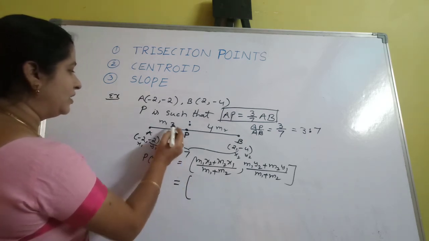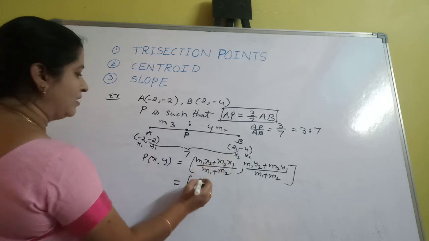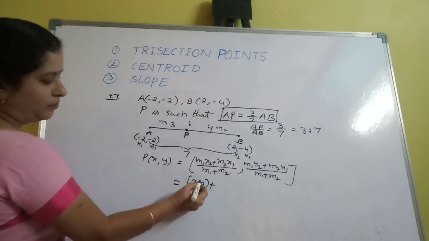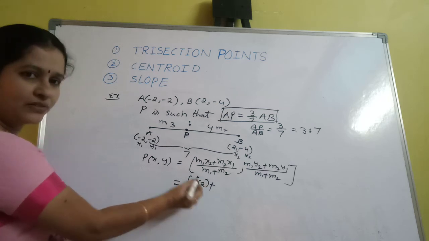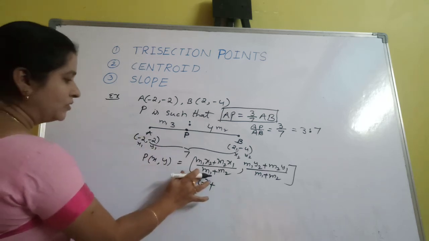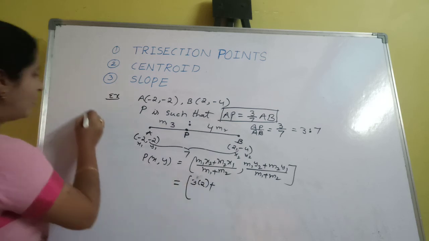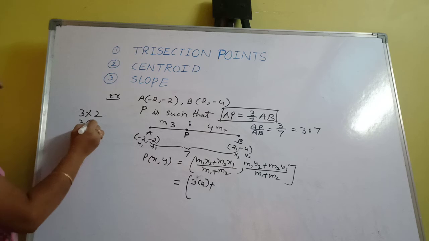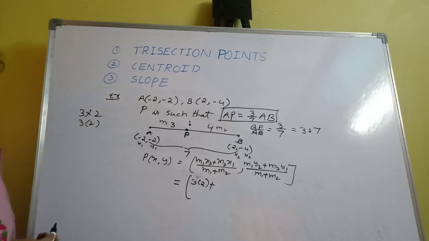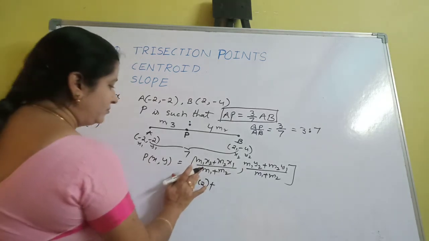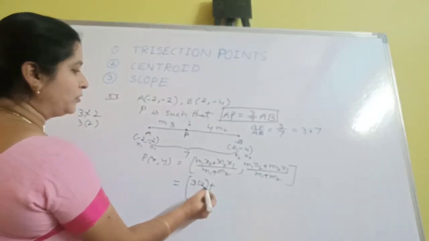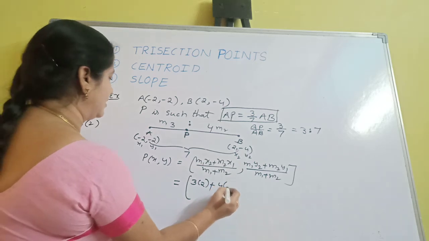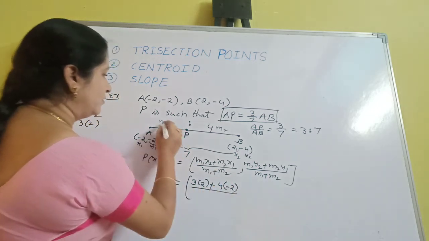So m1 value 3 into x2 value 2 plus m2 value 4 into x1 value minus 2, by 3 plus 4.